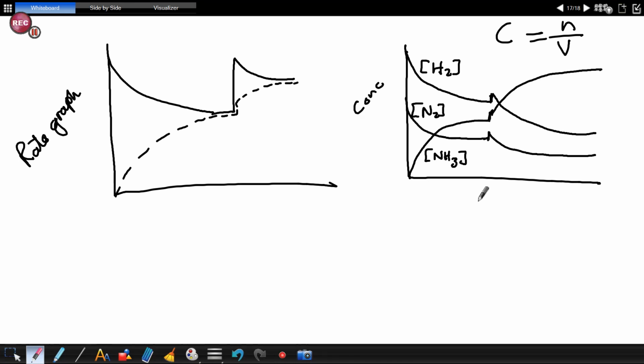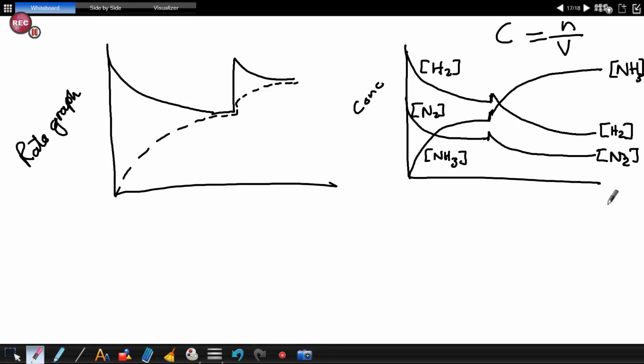The new equilibrium is established by favoring the forward reaction, which increases the concentration of the ammonia. It makes the production of ammonia more, and gradually it will use up the hydrogen. So the concentration of the hydrogen will decrease and the concentration of the nitrogen will also decrease.